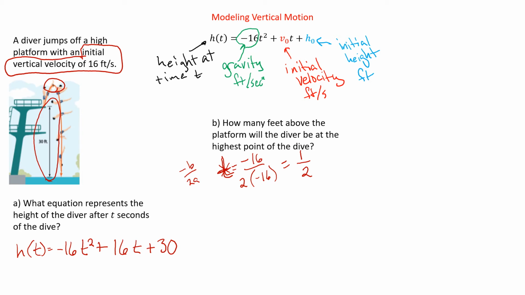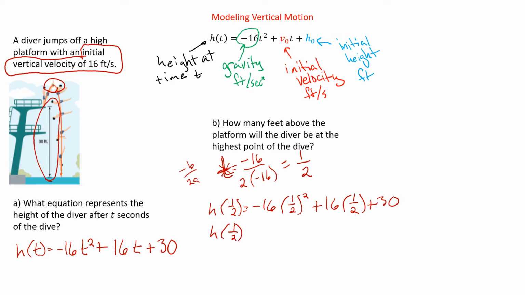Let's plug 1/2 into the equation, h of 1/2. We've got negative 16 times 1/2 squared plus 16 times 1/2 plus 30. 1/2 squared is 1/4. Remember, it's just 1/2 times 1/2.